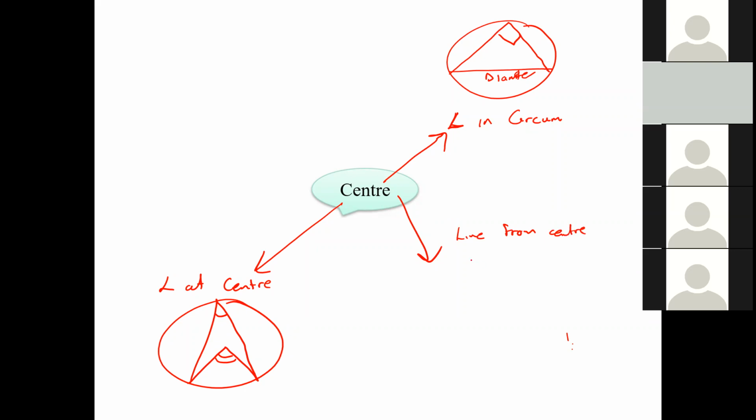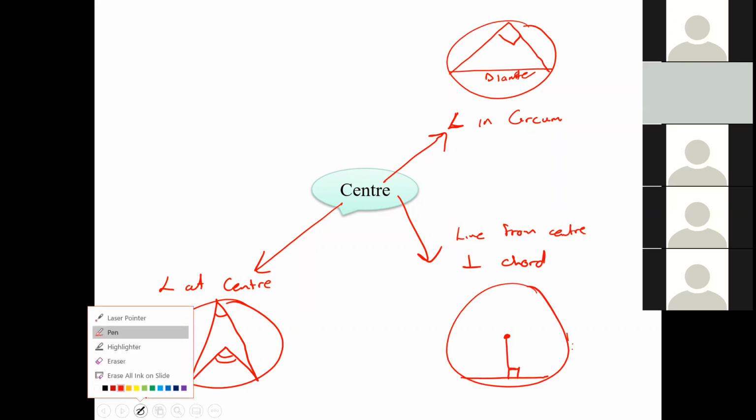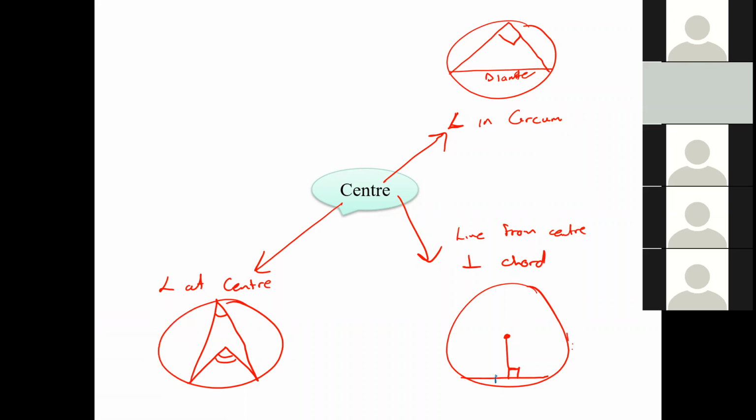And he said perpendicular to the chord. So we're going to use what he said first, all right? So let's quickly get a picture of that. There's a center. There's the chord. So what is our conclusion in this one? So it means that that has to be equal to, in other words, the midpoint.